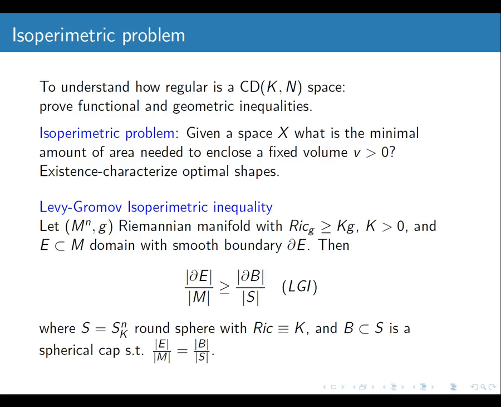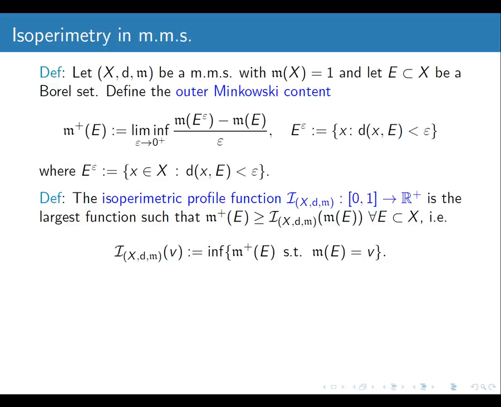So we want to find a generalization of this result to the framework that we are working in, so for metric spaces verifying the curvature dimension condition. First of all, let me show you how we can reformulate this inequality. As you see here, we are considering a measure of a smooth boundary, so we have to be a little bit more careful and use different tools.